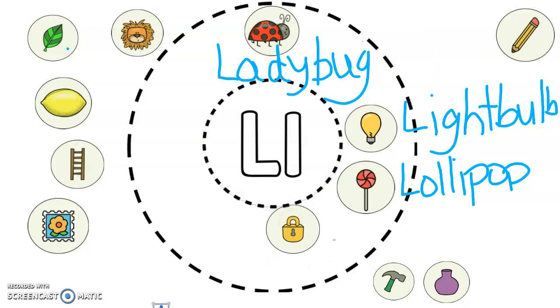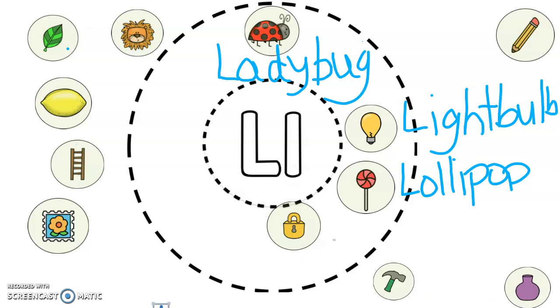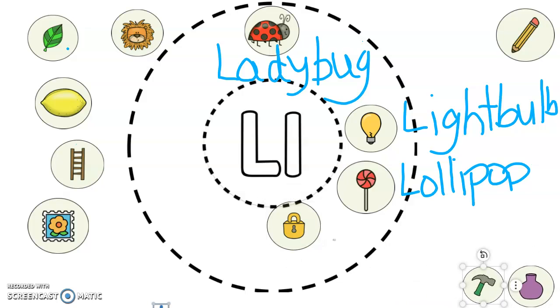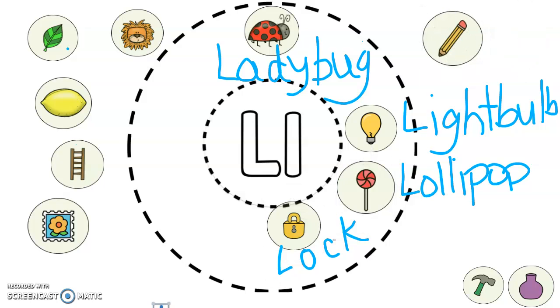Yes, lock. What sound? Ooh. How do I write ooh? L. Lock. Let's read our pictures. Repeat after me. Ladybug, light bulb, lollipop, lock.